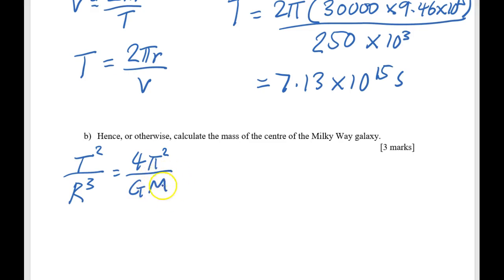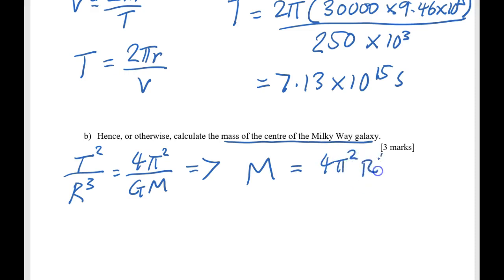Of course, comparing the center of the Milky Way galaxy with the Sun, this capital M shall be referring to the mass of the center of the Milky Way galaxy, which is much heavier than the Sun, and we will inspect how much. If we rearrange the formula, the capital M is equal to 4 pi squared R cubed divided by G T squared. And we shall do the substitution manually.